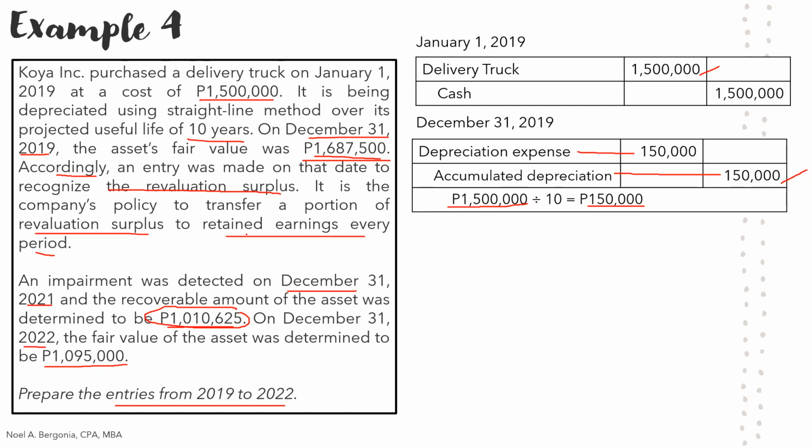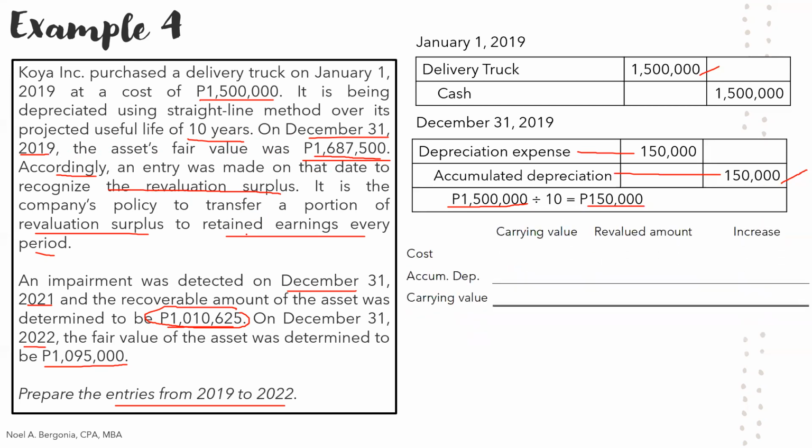Okay? So we need to proportionate again using this table. So our carrying value will include the costs of 1,500,000. Then the accumulated depreciation was 150,000. So yun po yung depreciation during the current year, and that is the first depreciation. So the carrying value on December 31, 2019 was 1,350,000.